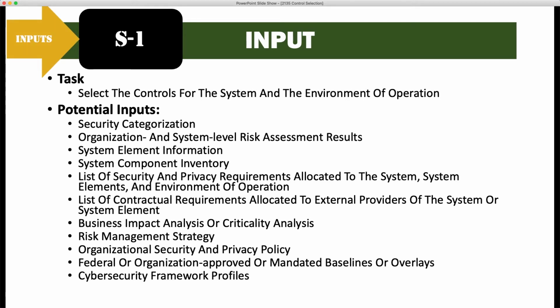Potential inputs include security categorization, organization and system level risk assessment results, system element information, system component inventory, a list of security and privacy requirements allocated to the system elements and the environment of operation, a list of contractual requirements allocated to external providers of the system or system element, business impact analysis or criticality analysis, risk management strategy, organizational security and privacy policy, federal or organization approved or mandated baselines or overlays, and finally, cybersecurity framework profiles.